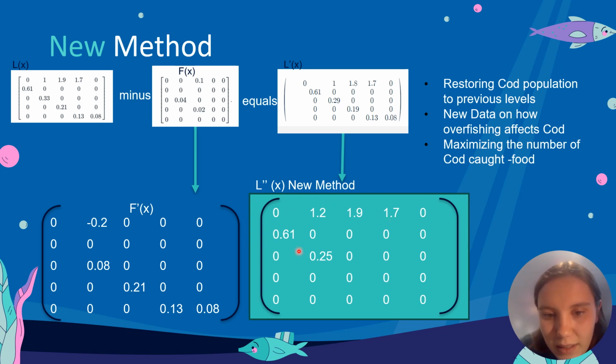And then 0.61 of the 0 to 2 are surviving to the 2 to 4. And then this is a change here, 0.25 instead of 0.29, are surviving to become the 4 to 6, and then no one's surviving anymore. We're catching them all here. So that is the new L prime prime.